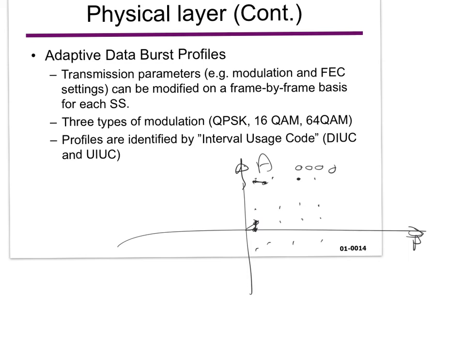Of course this comes before the frame, so the receiver can use this IUC, or interval usage code, to be able to decode all the incoming frames. And there is a downlink interval usage code and an uplink interval usage code.